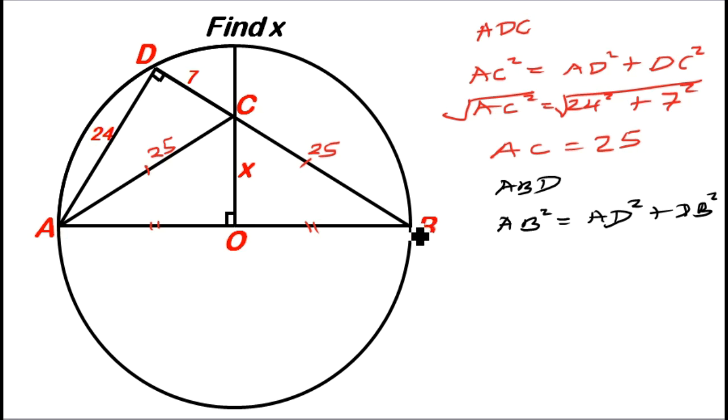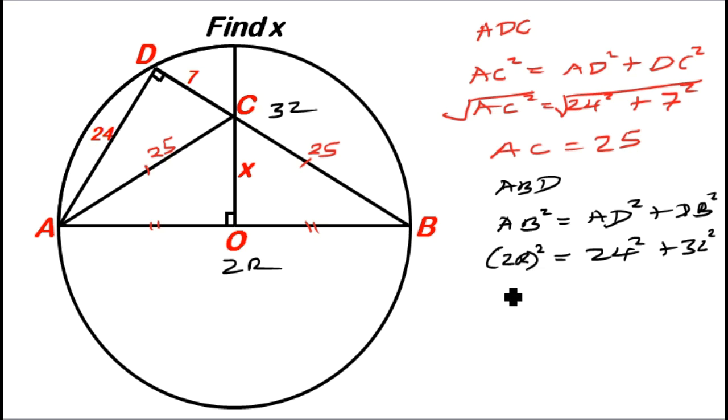Now from A to B is the diameter, and the diameter is 2r, 2 radius. So 2r squared is equal to AD, from A to D is 24, that is 24 squared, plus DB, from D to B is 7 plus 25. 7 plus 25 means the whole of that length is 32. So that is going to be 32 squared. So we now have 2 squared is 4, so 4r squared equals 24 squared plus 32 squared.